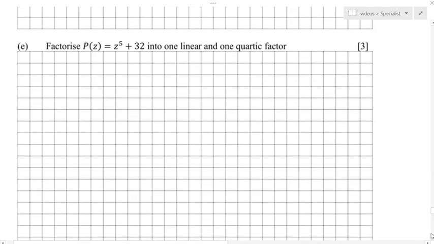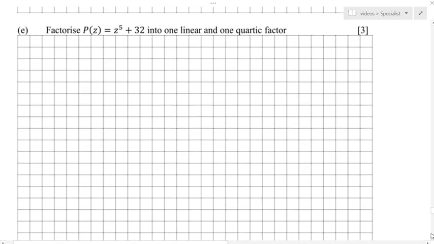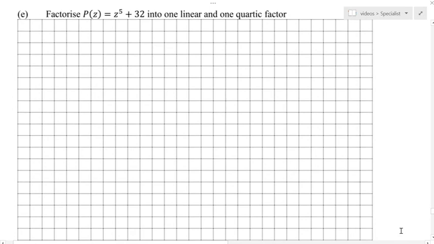Next part is that we need to write that into one linear factor and one quadratic factor. So we saw in the previous part that we got two quadratic factors and one linear factor. If you go back, we can see that that's my linear factor, and I've got two quadratic factors here. z square minus 4 cos 3 pi over 5 z plus 4, that's one quadratic factor.